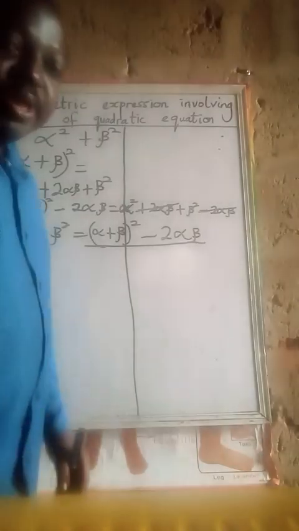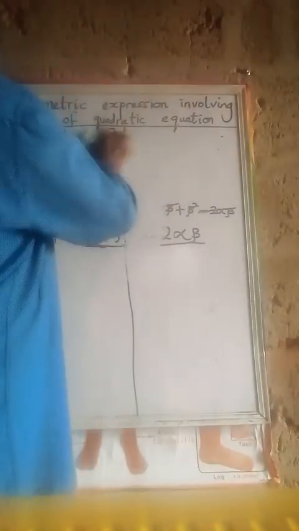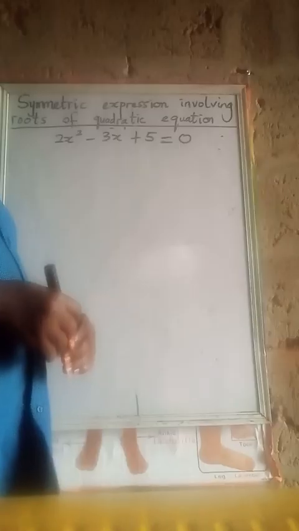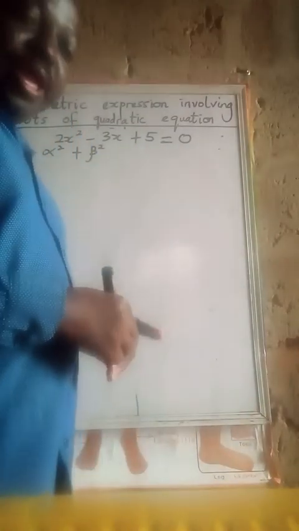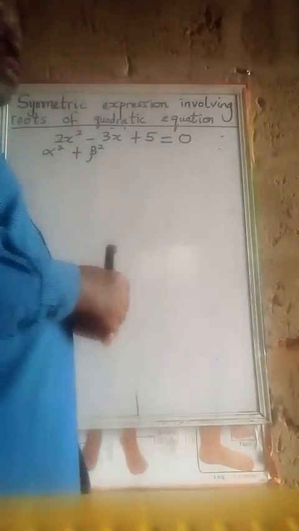Now, how can we apply this? I want to do that now. Permit me to rub off the board. Now, if 2x squared minus 3x plus 5 is equal to 0 is a particular quadratic equation, and we are asked to find alpha square plus beta square, that is the square of one of the roots plus the square of the other root, we don't need to waste our time.